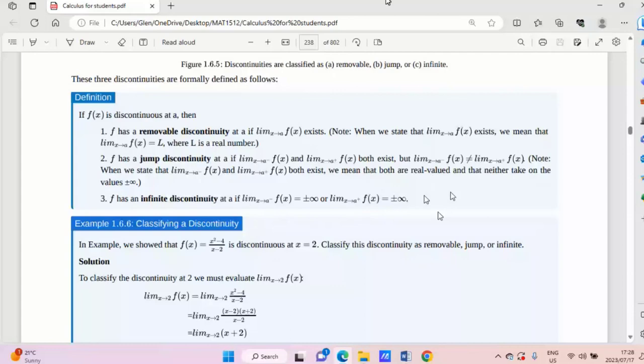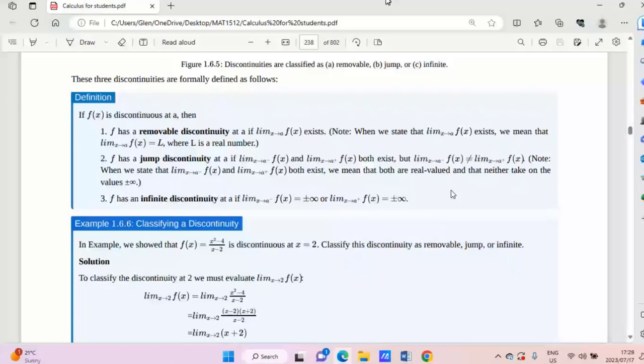Okay, this is what we are saying. In number 1, we've got a function f, and in that function, where the limit exists when x approaches a, then we say that function has got a removable discontinuity.